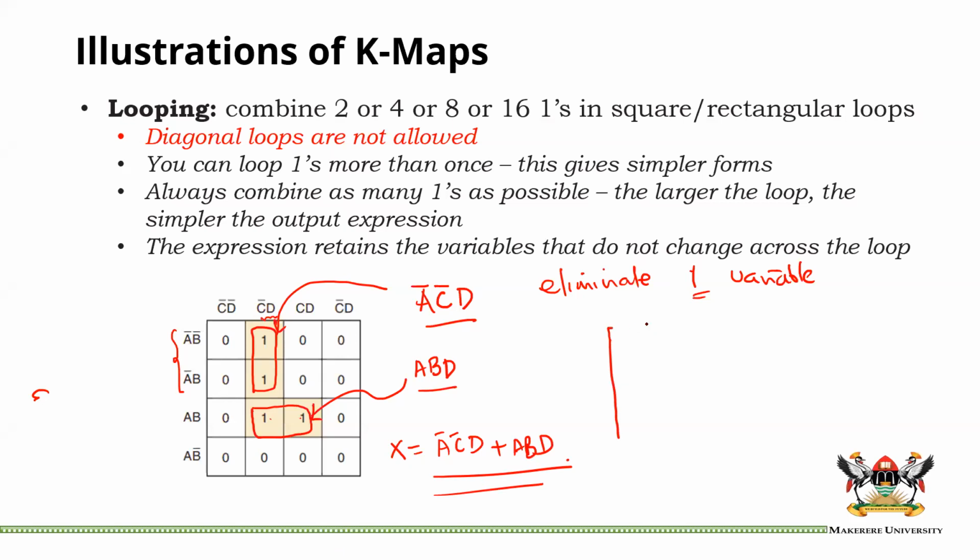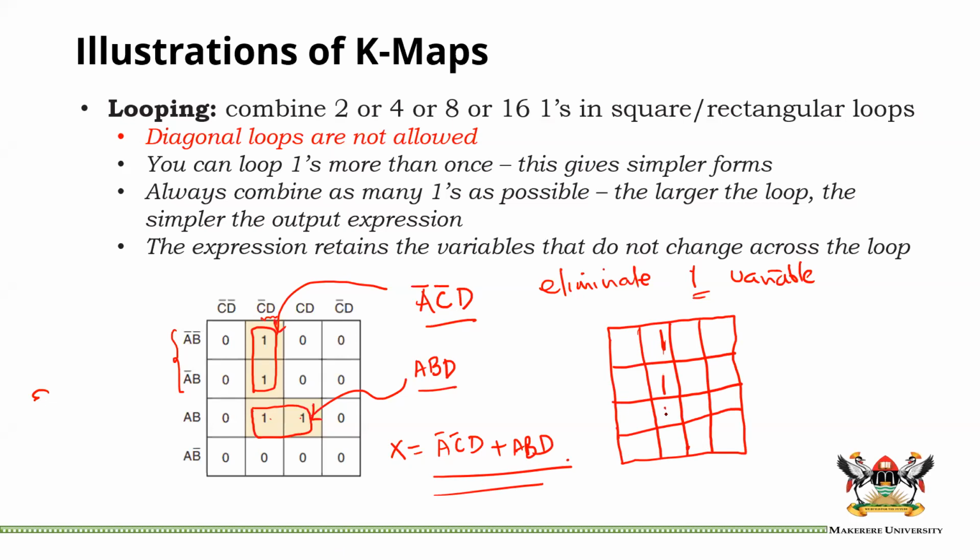Let us try to just see what would happen if things were different. If things were different and we had a 1 and a 1 and a 1 and a 1 and a 1, how would we do this one?